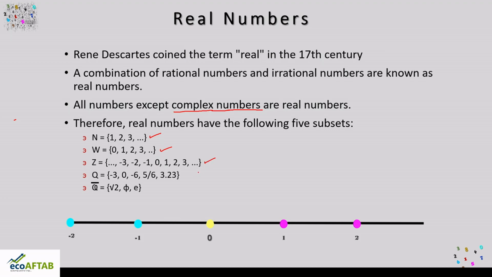In between them, if I bring the fractions, all these things together, the rational numbers also become real numbers, and I also place the irrational numbers in this number line, and we have the real number line. So all these numbers together constitute the real numbers. I hope till now it is clear.